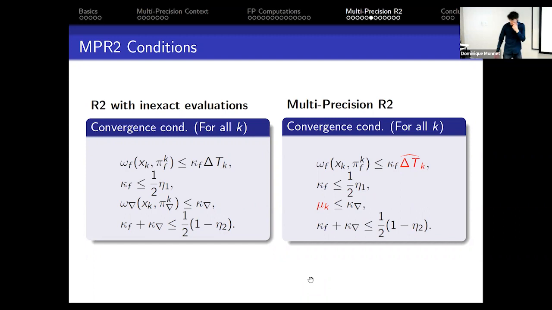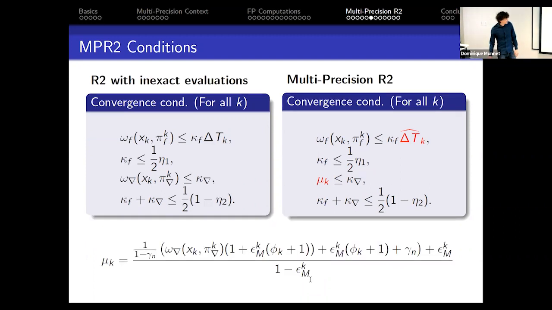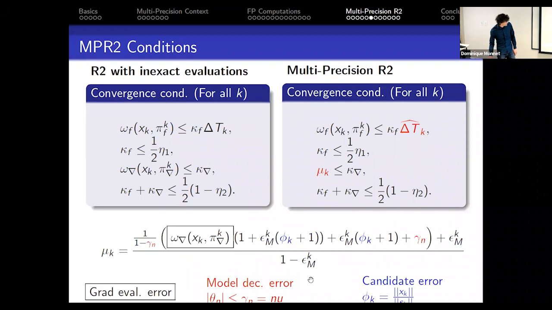And this is where the convergence analysis comes into play, because nu k is this big expression here. Not very pretty, but let's look at what we have in here. This term is the gradient approximation error. This gamma n is related to the model decrease error, which I defined over there.